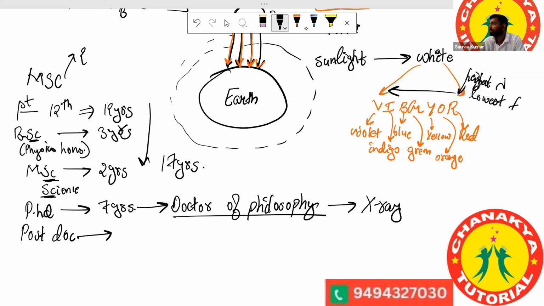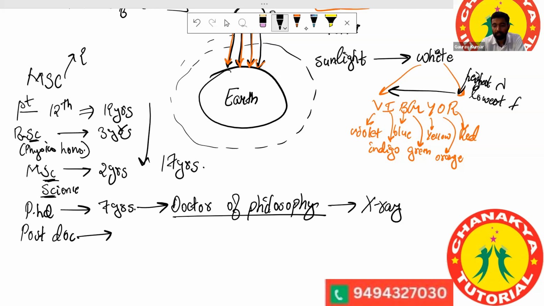It is John Dalton, I think. Yes, who discovered the atom? Dalton, right? Yes, John Dalton.